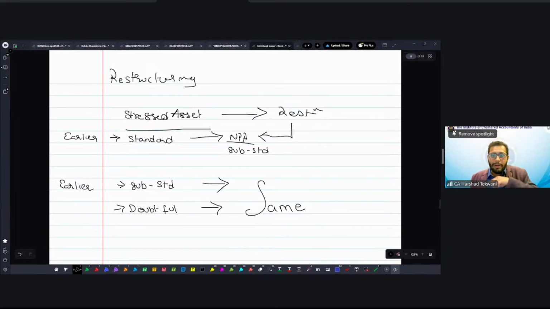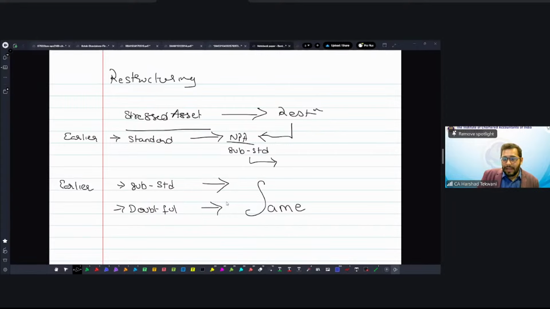Now, if he is not able to pay the amount, then I will make an additional 15% provision on these assets. So, for example, for this substandard asset, I will give 1 year as monitoring.